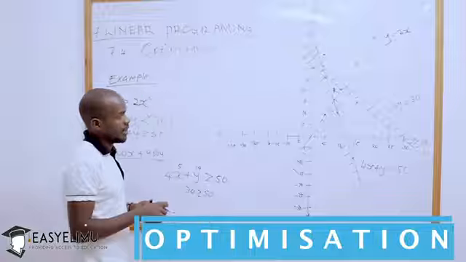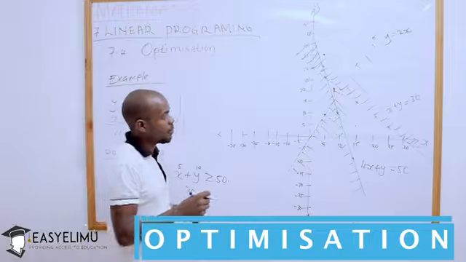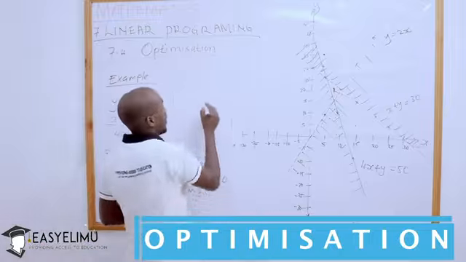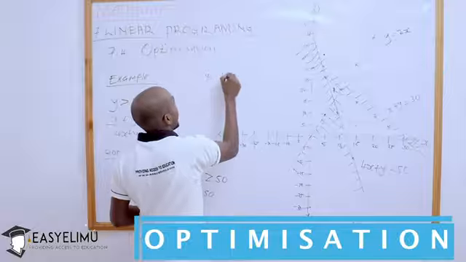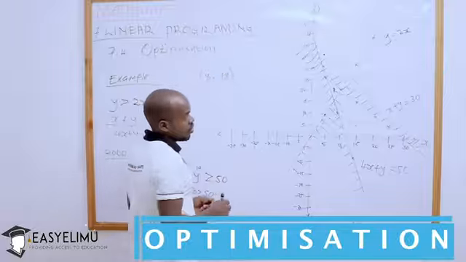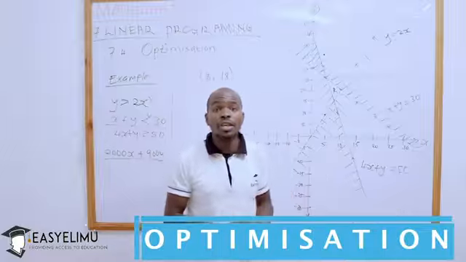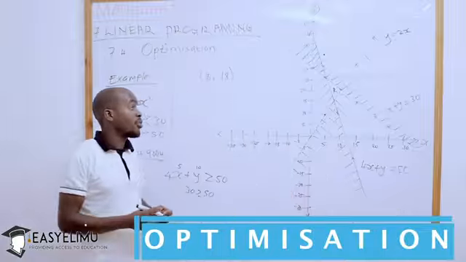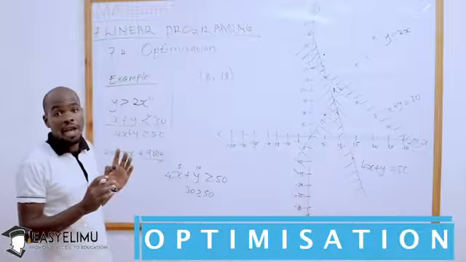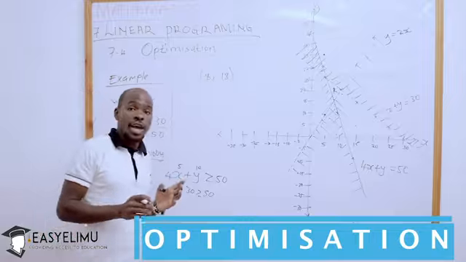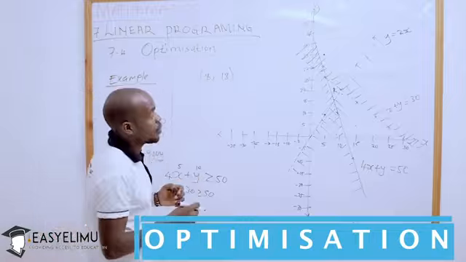Let's say it's 18, the least point we have. So we may find it is 8 and 18. We may find another point like 8 and something else. So it depends on the point you will find from your Cartesian plane after drawing the inequality. Draw it and you see what kind of points we will find.